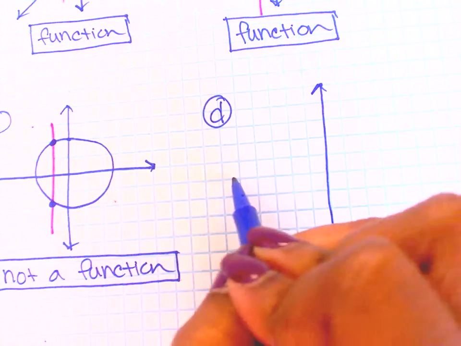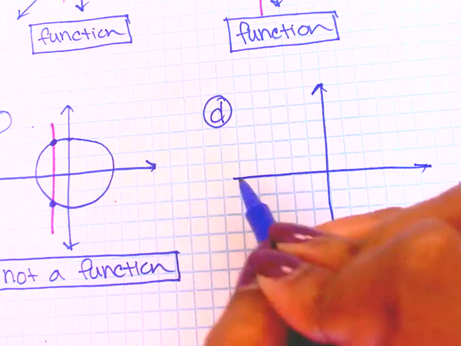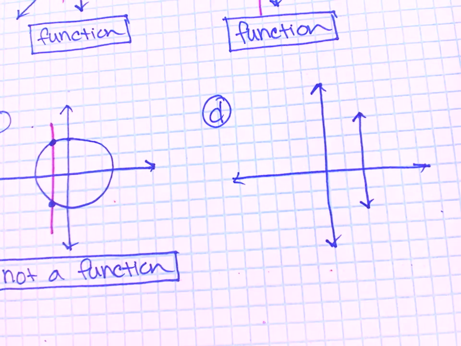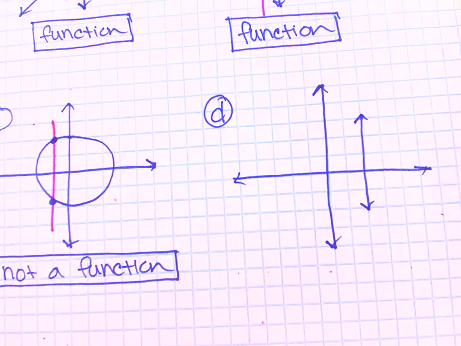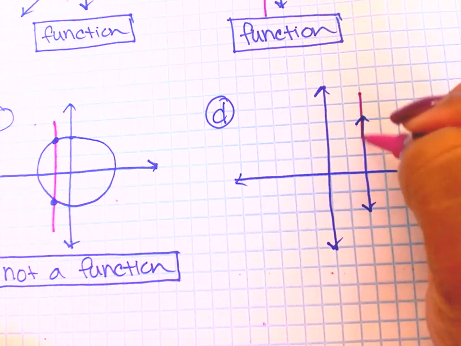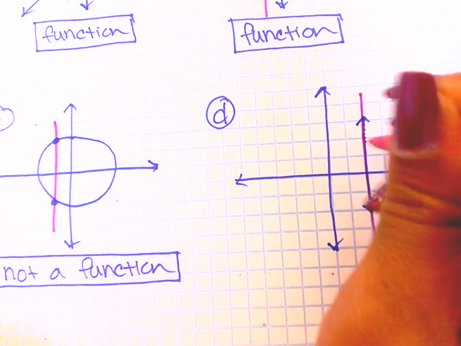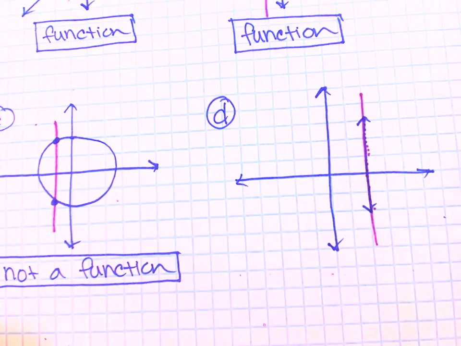Here's my graph. And here's my line. It's already a vertical line. That's a little confusing, but no, it's not. If I were to draw a line, is it going to touch through more than 1 point? Yeah, it's touching all the points all the way through the line. So is it a function?